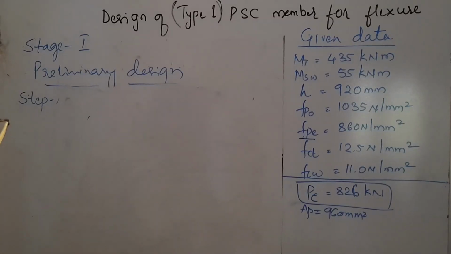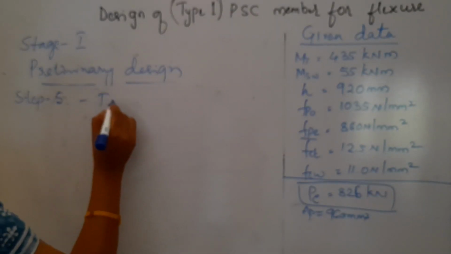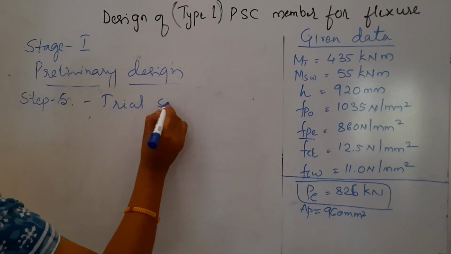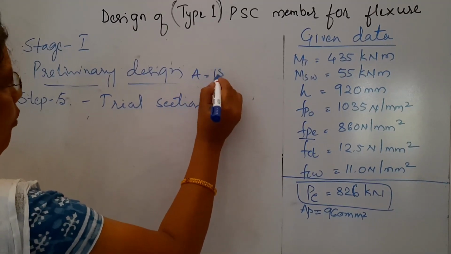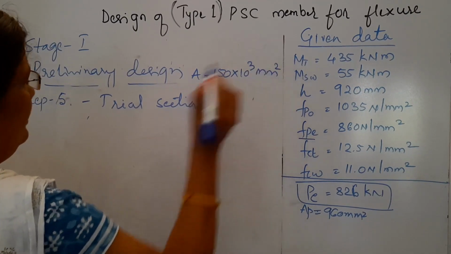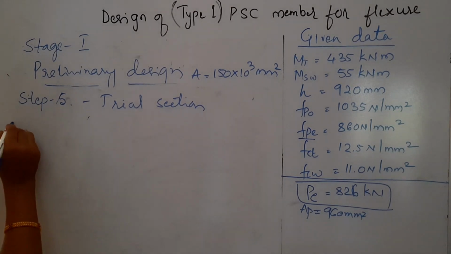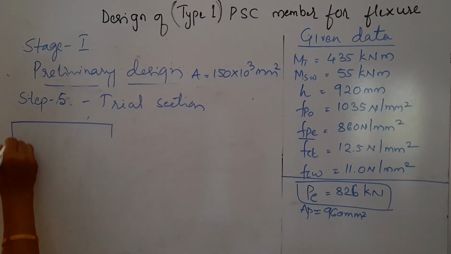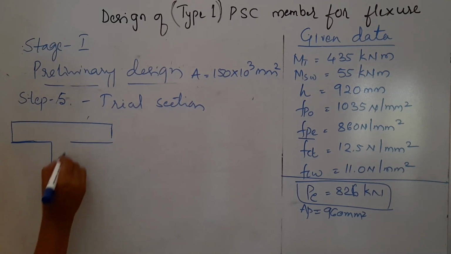Step 4 is over, then step 5, trial section. It was A equal to 150 into 10 raised to 3 square millimeter. Now, as per this condition, it is better to take the symmetrical section, easy to calculate the moment of inertia and area, and it should be a plain section.